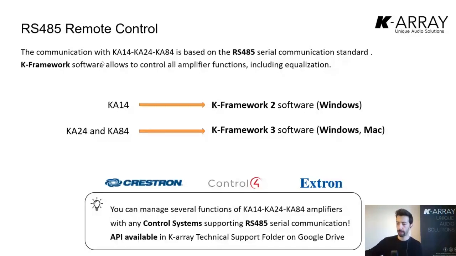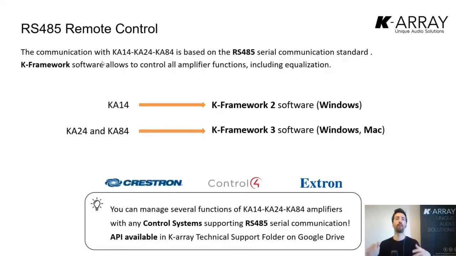Now, going back to our software, as you can see from the slide, there are two versions of our control software, K-Framework 2 and K-Framework 3. K-Framework 3 is the newest version.